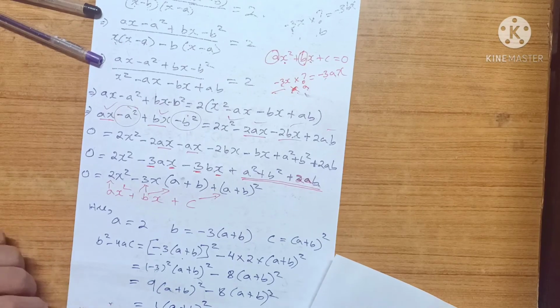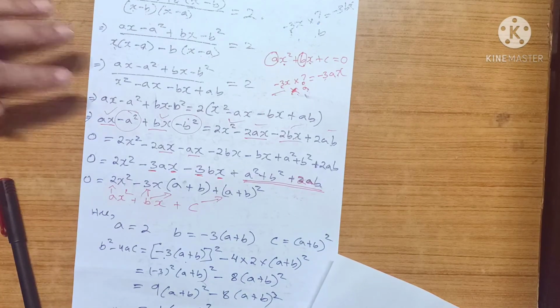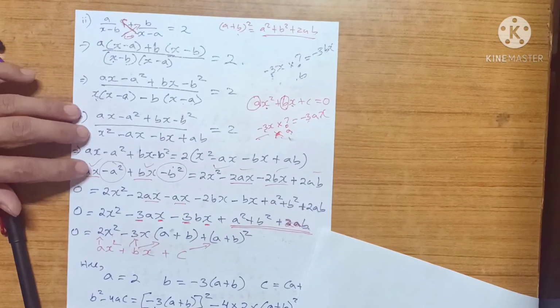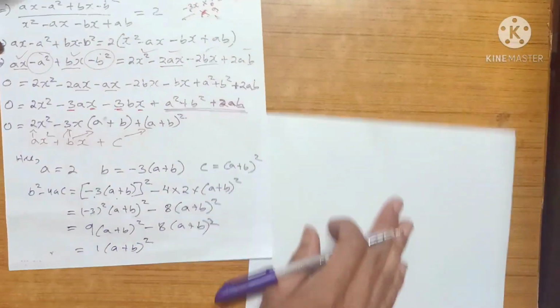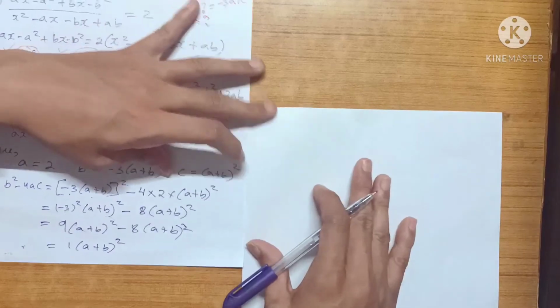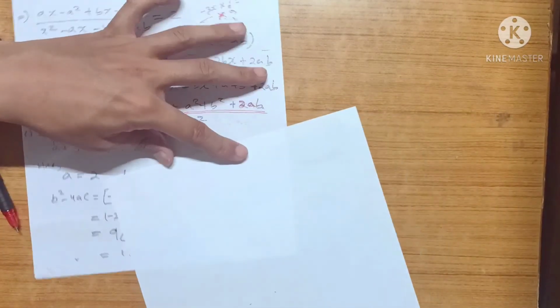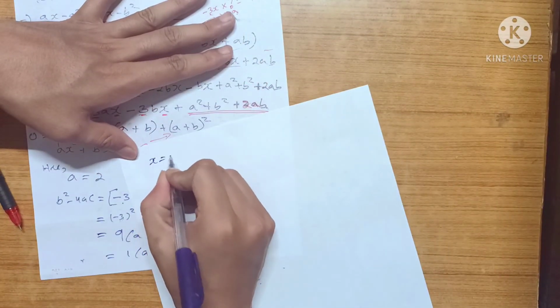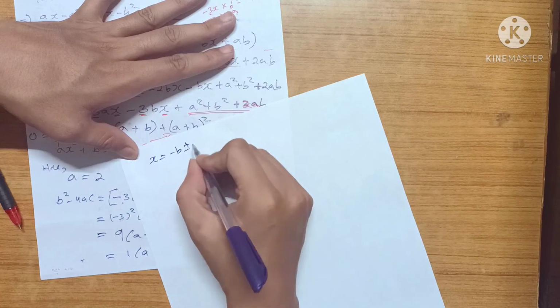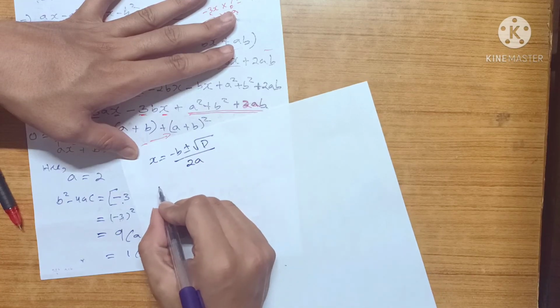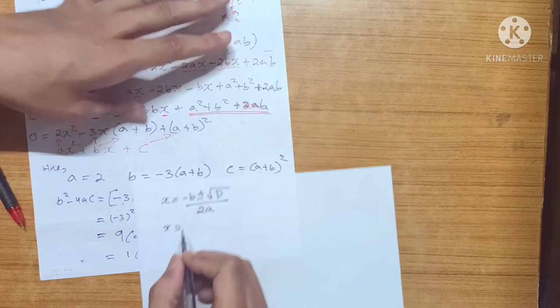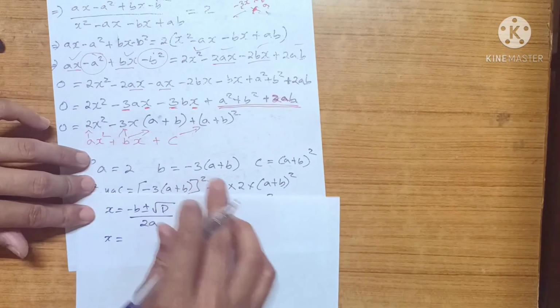So now we have to find x. Okay, this is only half of the question. I told you it will come for 5 marks. So we know that the formula is x equal to minus b plus minus root over d by 2a, right? So x equal to minus b. In this case, b was this.